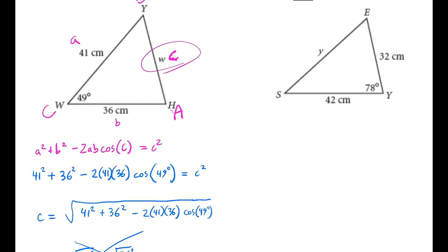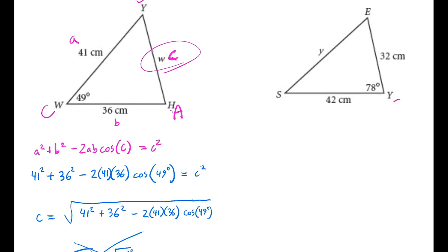Okay, separately over here, again, maybe labeling is helpful. So let's call this my angle C, this my A and my B. And so here's B, here's A, and here's C. Notice that I'm using C as the angle and the side that I'm trying to solve for, one another.